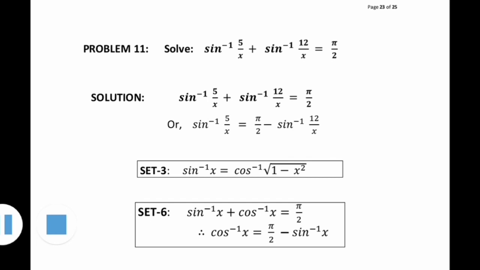And for the right hand side we have to apply another formula from set 6, which is also written in the box, that is sin inverse x plus cos inverse x equals to pi by 2, which gives the result cos inverse x equals to pi by 2 minus sin inverse x. So if we use these two formulae, we get the next step here.